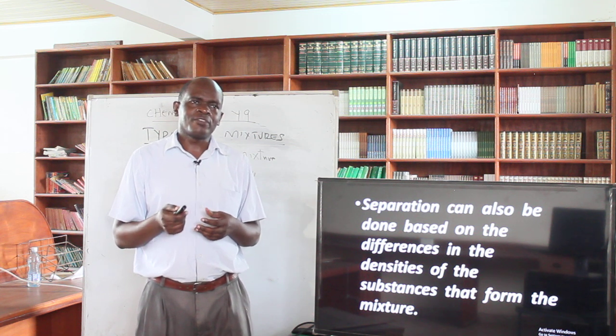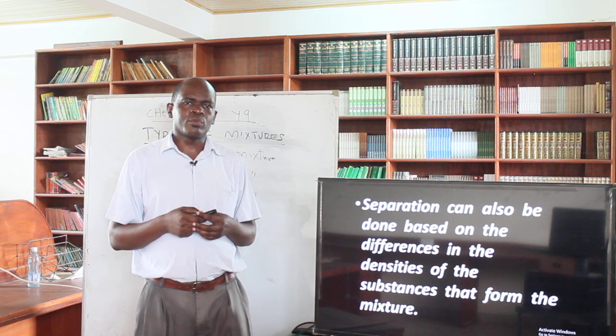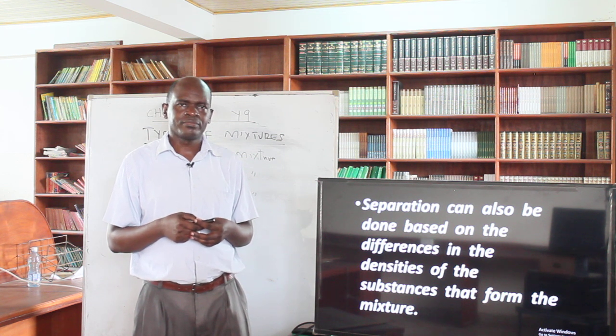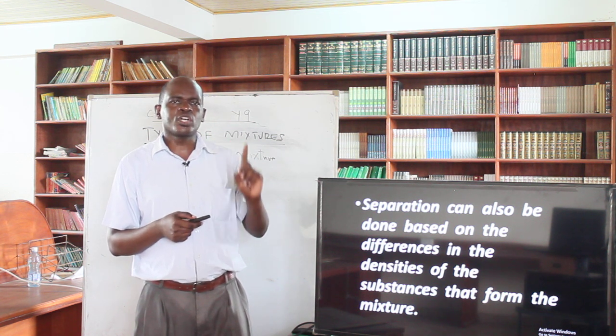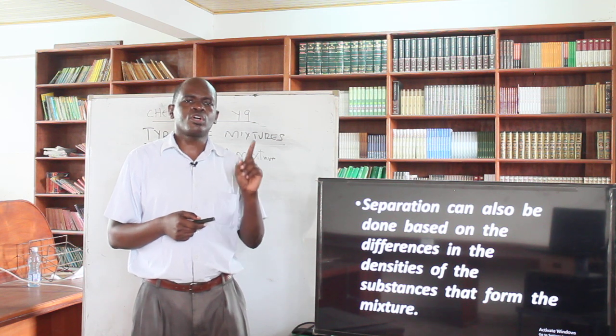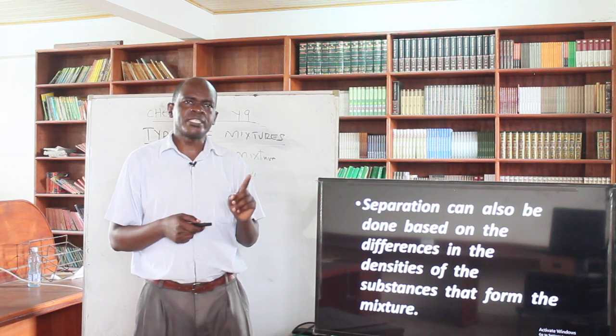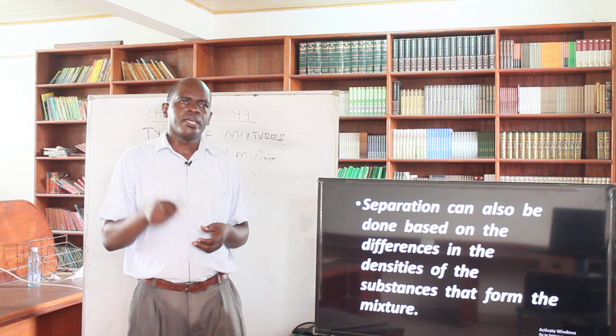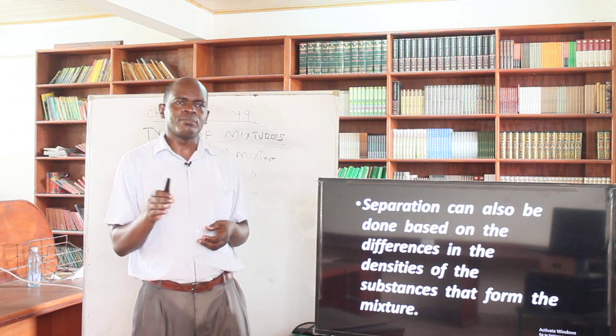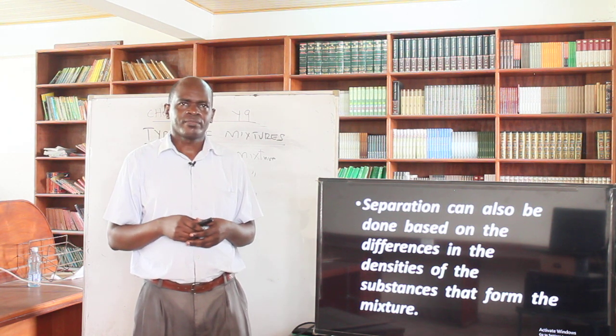Now, apart from the physical properties, the separation can also be done based on the differences in their densities or the densities of the substances that form the mixture. Which means apart from the physical property, we can also employ the differences in the densities of the components that form the mixtures.